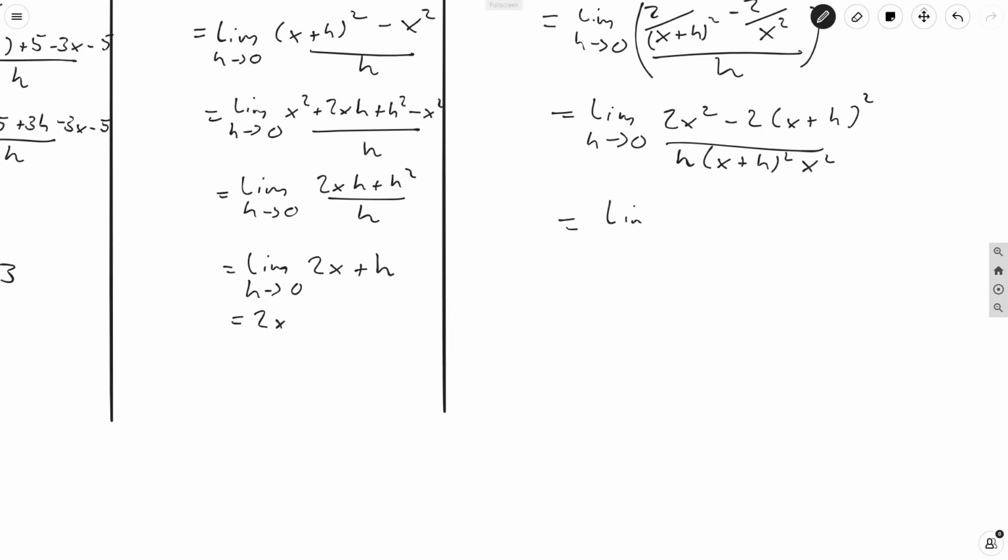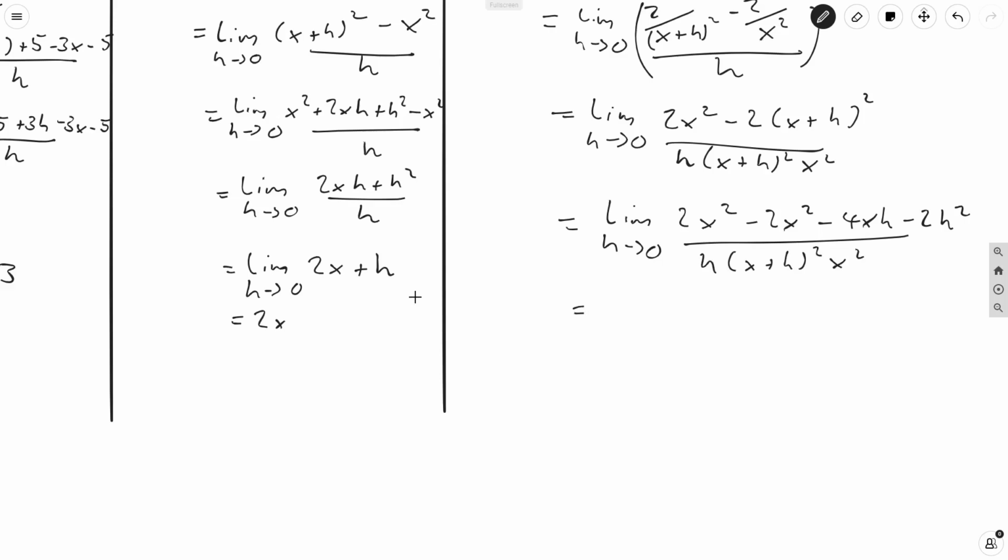And this will be equal to the limit as h goes to 0 of 2x squared minus 2x squared minus 4xh minus 2h squared, all over h times (x plus h) squared times x squared. What do we get here?